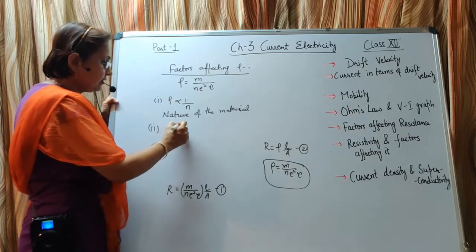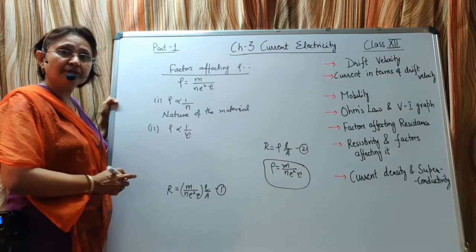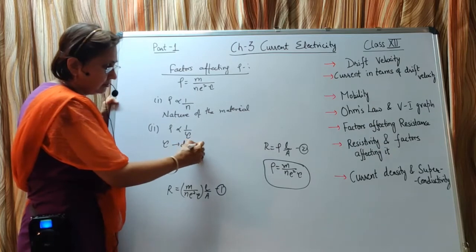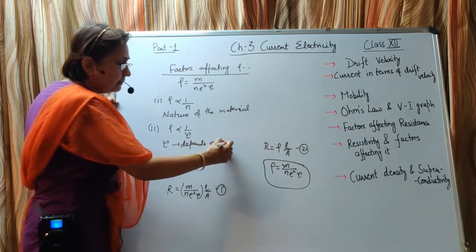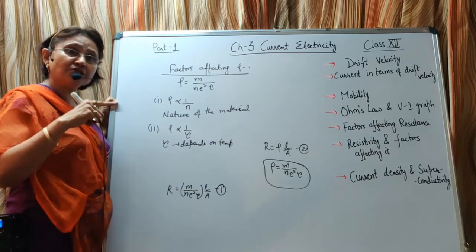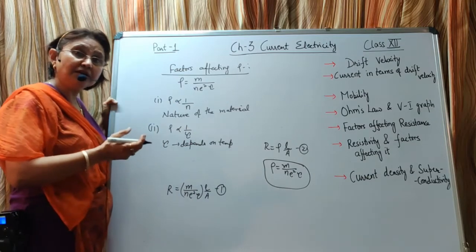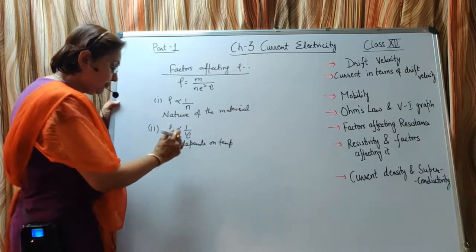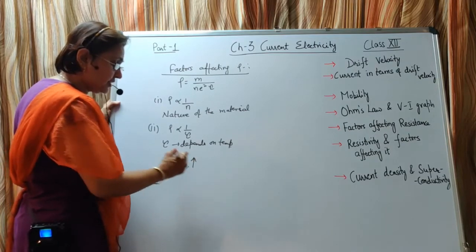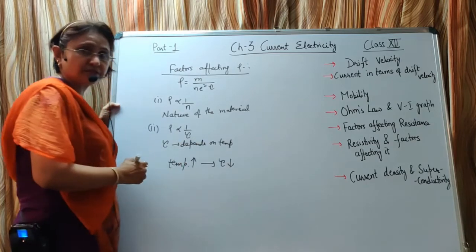The next factor: rho is inversely proportional to relaxation time, and this relaxation time depends on temperature. Now how does it depend upon temperature? With the rise in temperature, the collisions will be more frequent. That is, the time interval between two collisions will decrease. So as temperature increases, the relaxation time decreases.